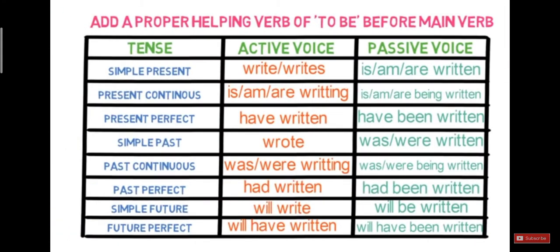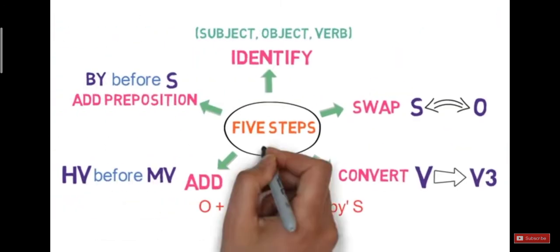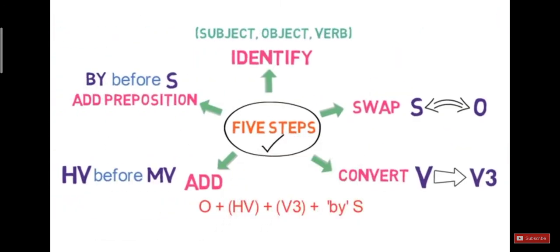So this is all we have read. This was the chart which I was discussing, how we change any particular tense. If the sentence has been written in any particular tense, then how we change it from active voice to passive voice. And we understood the five steps of conversion of active voice into passive voice.